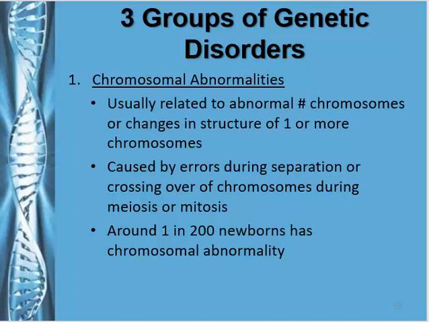This could mean that the individual has 22.5 pairs of chromosomes or 23.5 pairs of chromosomes. There can be some sort of abnormality. So that's not a single gene disorder. This is a chromosomal disorder.